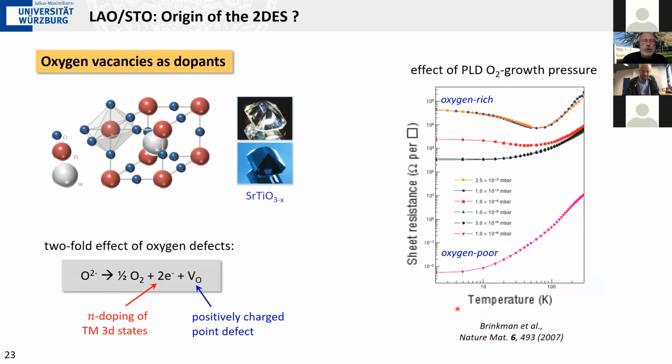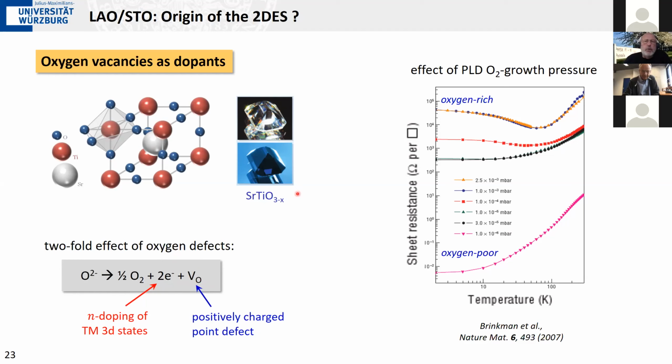Now you have an ionic compound where the oxygen lives as an oxygen 2- ion in the lattice, and if you take an oxygen out, it will eventually end up as half of a neutral oxygen molecule. The 2 electrons of the former ion will be left, 2 extra electrons, which then eventually leads to some n-doping of the residual system. And every site where an oxygen has been lost is now a point defect, which against the charged background in our ionic compound acts like a positively charged point defect.